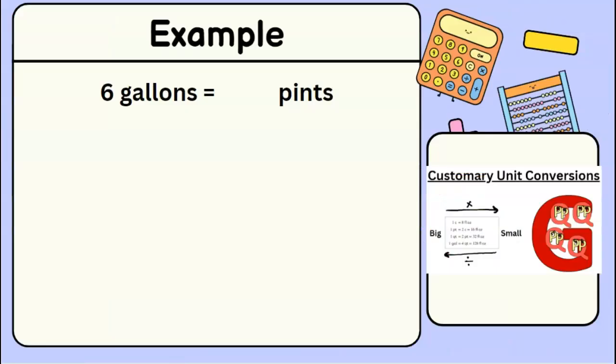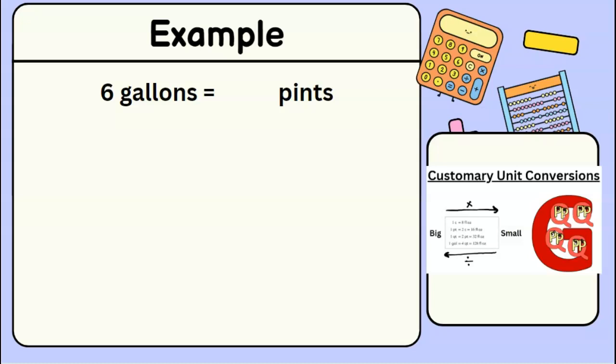So when we want to convert, we're going to take the original measurement and original unit. I'm going to see what that unit is equal to and how I can figure out how much I have in the unit I want to convert to. So for example, I have 6 gallons. The equation wants me to convert those 6 gallons to pints.